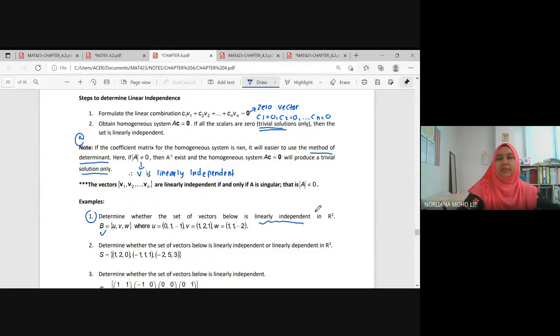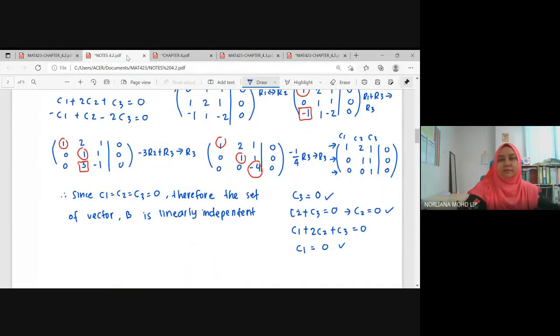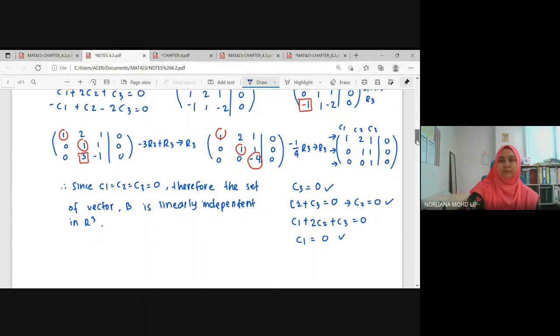Linear independent in R3. Vector entry space. Okay, boleh tak ni?